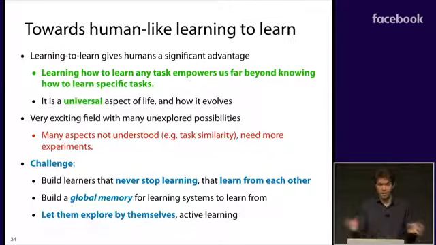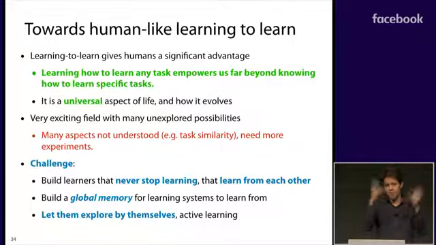And if you have that, then you can let them explore by themselves. Let them use active learning to use what's there, use what we know, what everybody knows, and to build new models. And that will bring us to true automatic machine learning, where these models efficiently use any information that they had before to build new models for new problems.